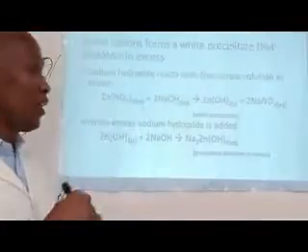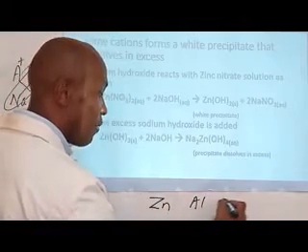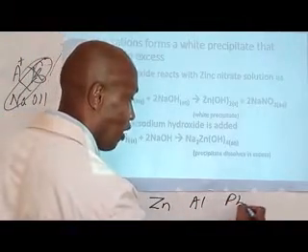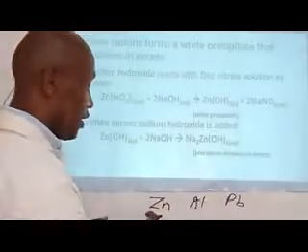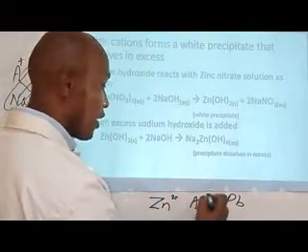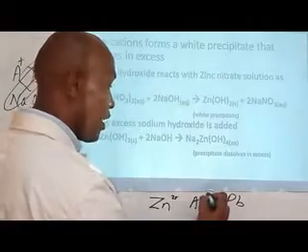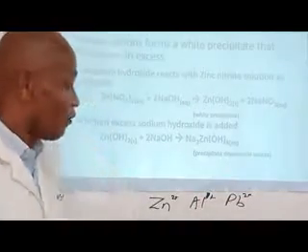So we have three such: the oxide of zinc, the oxide of aluminium, and the oxide and hydroxide of lead. I've heard people talking of ZAP: zinc, aluminium, and lead. So zinc 2 hydroxide, aluminium hydroxide, and lead 2 hydroxide are all amphoteric.